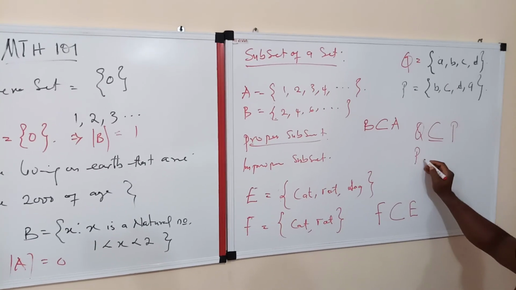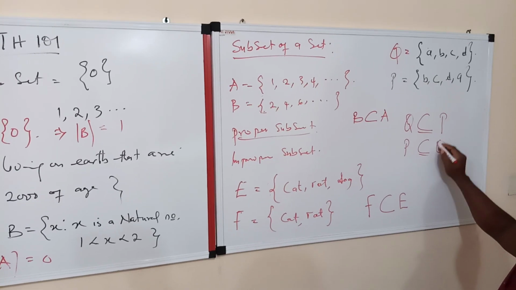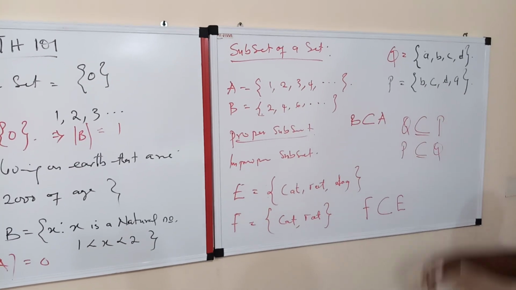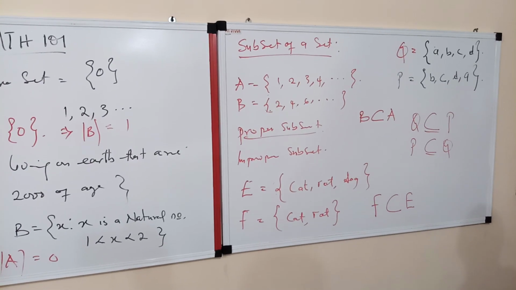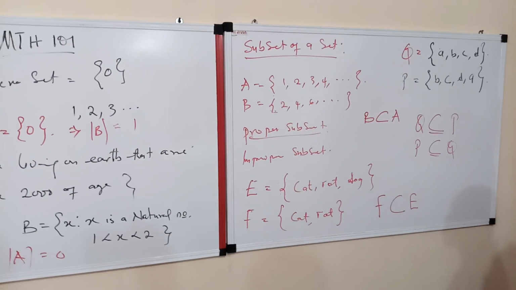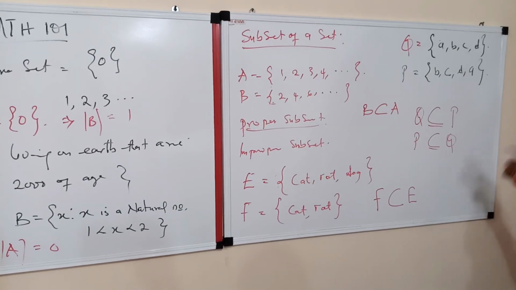So you say P is also an improper subset of Q because they contain each other and all of them are exact. So you say they are improper subsets of each other.